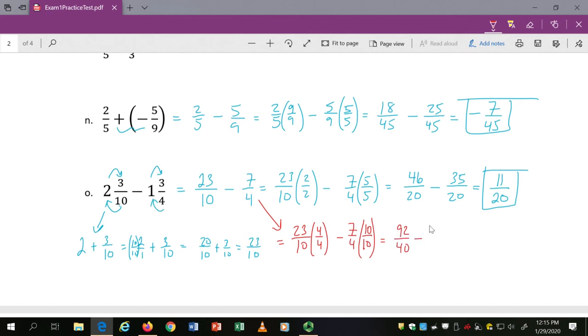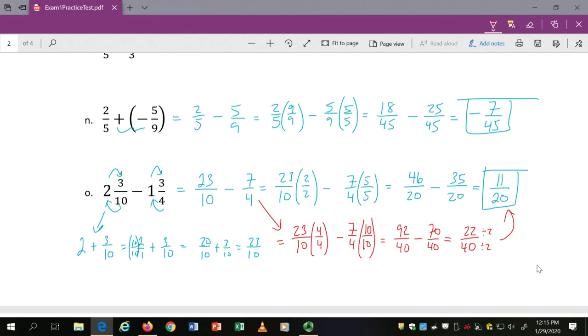And 7 times 10 would be 70 over 40. When you subtract those, 92 minus 70, you're going to get 22 over 40. But what's true about that fraction? It's reducible, because if you divide the top and the bottom by 2, what do you end up with? It just gets you back to 11/20.